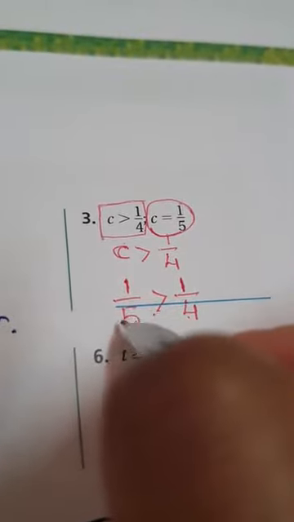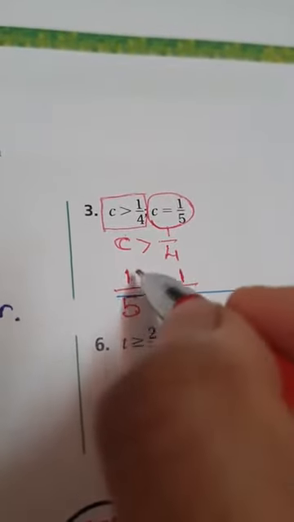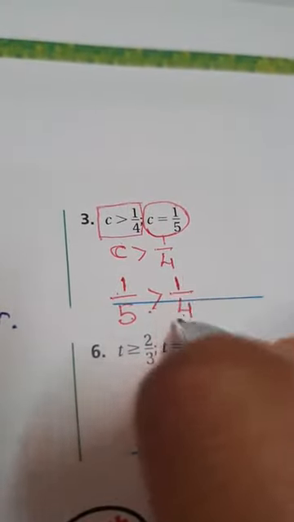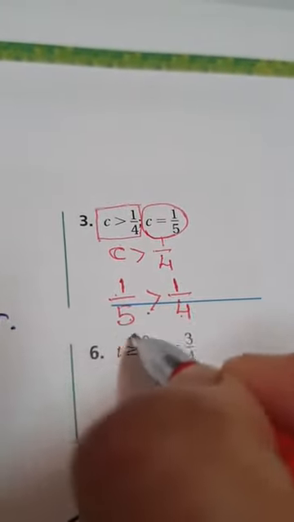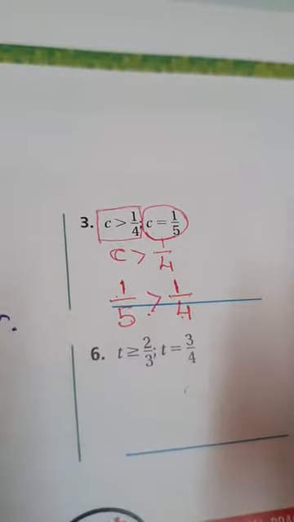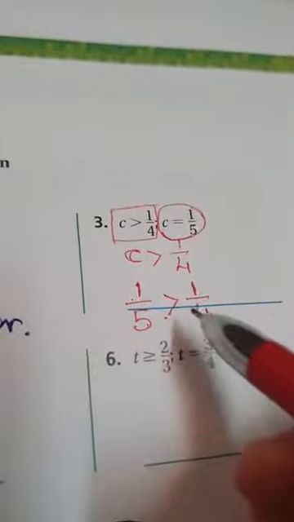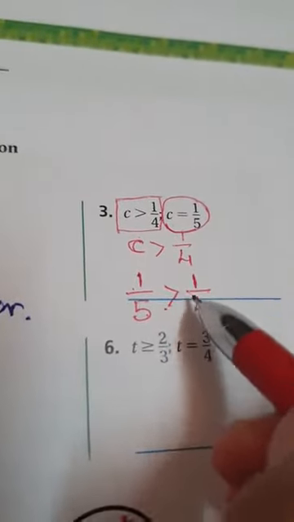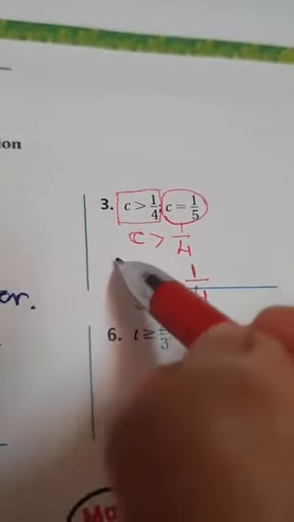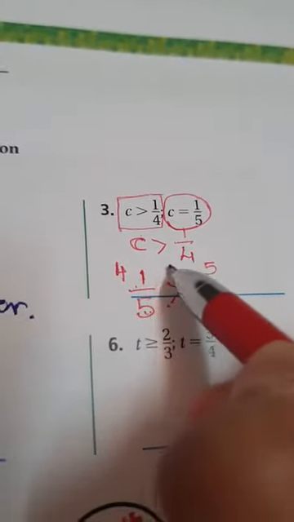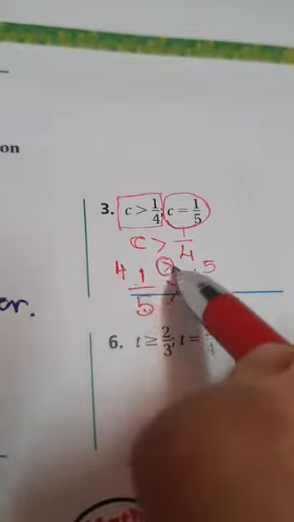By just thinking that something cut into 5 parts and something cut into 4 parts, of course 1 by 5 is smaller, the pieces become smaller. But if you want to use the way which I taught you, 4 ones are 4, 5 ones are 5, which means 4 is less than 5, right?